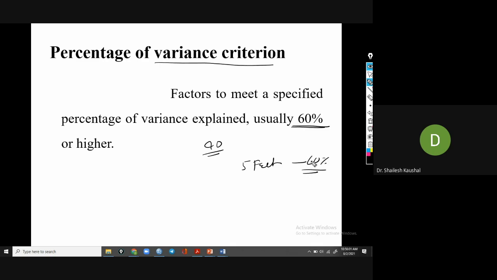That is the ideal condition. If the percentage of variance is less than 60, it is also acceptable, but we should give some supporting literature, because ideally it should be 60% or greater.